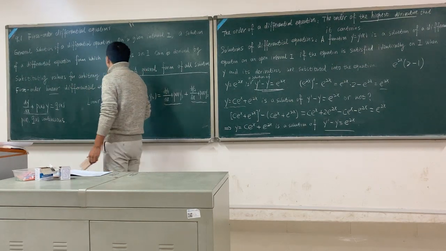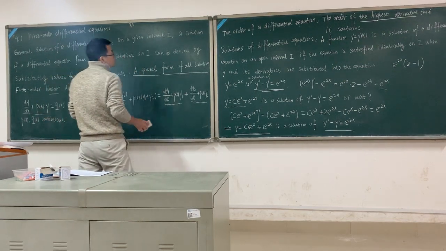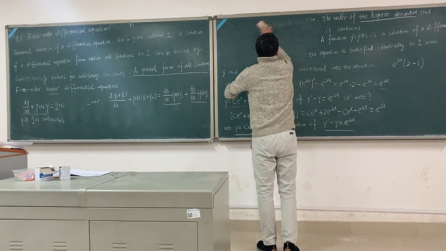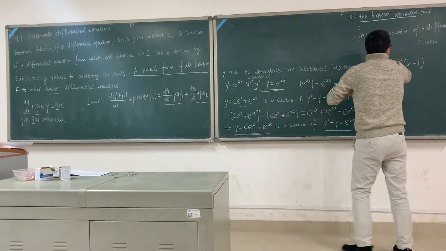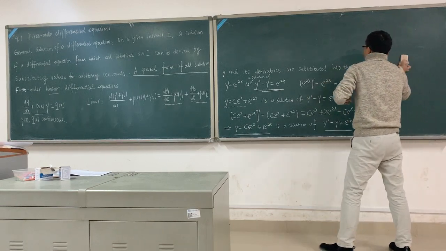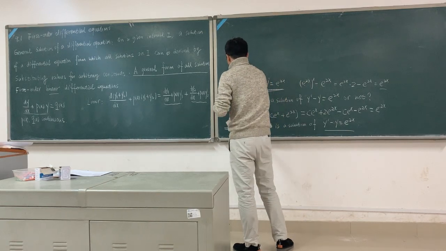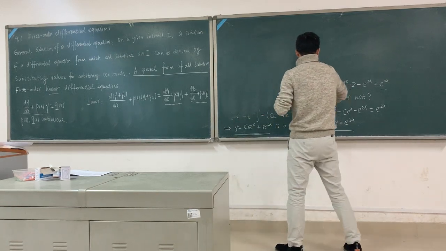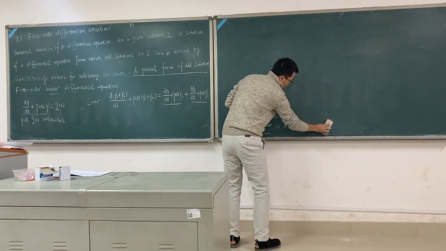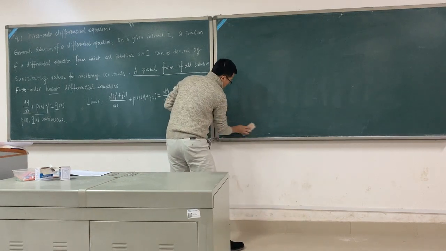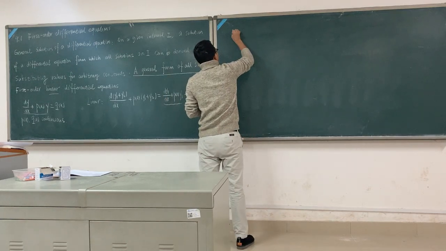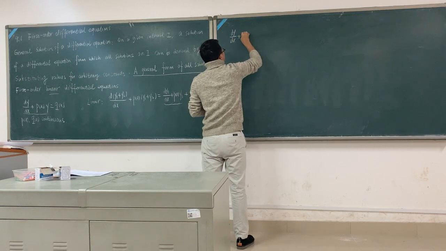For example, for this example, this is linear. Now we can see for this dy/dx plus p(x).